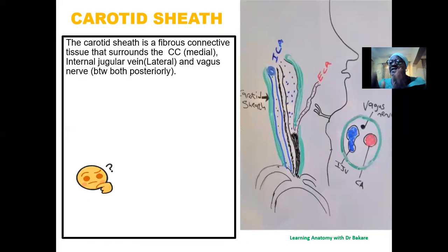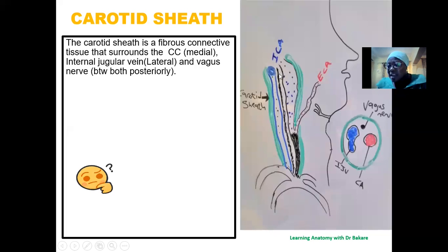This sheath is a fibrous connective tissue that tends to enclose the vascular structure of the neck. So the region highlighted in green is the carotid sheath. And within the carotid sheath, we have the internal jugular vein, which is located more laterally, and this is followed by the vagus nerve. Then we have the carotid artery.